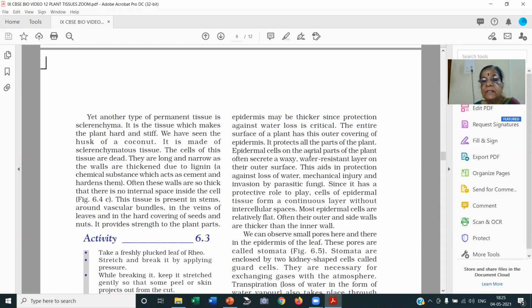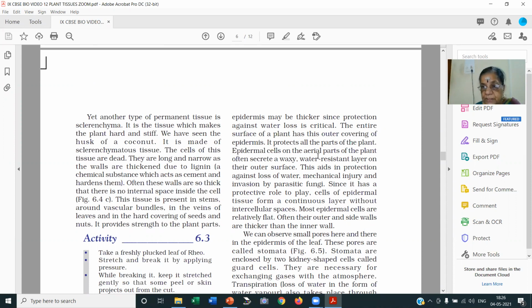Epidermal cells on the aerial parts often secrete a waxy water-resistant layer on the surface, which aids in preventing water loss, mechanical injury, and invasion of parasitic fungi. And this is called cuticle.